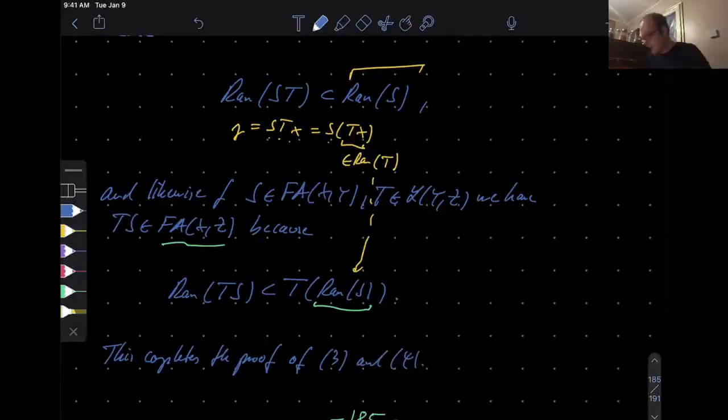Okay, so finally, this is the fifth property. You need the finite approximable property of the dual transformation.